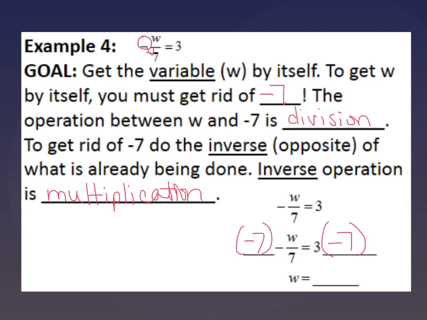Alright, so now, if there is a negative 7, that's the same thing as a negative 7 over 1. Therefore, this negative 7 and this negative 7 cross-reduce. Negative 7 divided by negative 7 gives you 1. Now we're left with our 1w, or in other words, w. And 3 times negative 7 would give us our negative 21. So w equals negative 21.